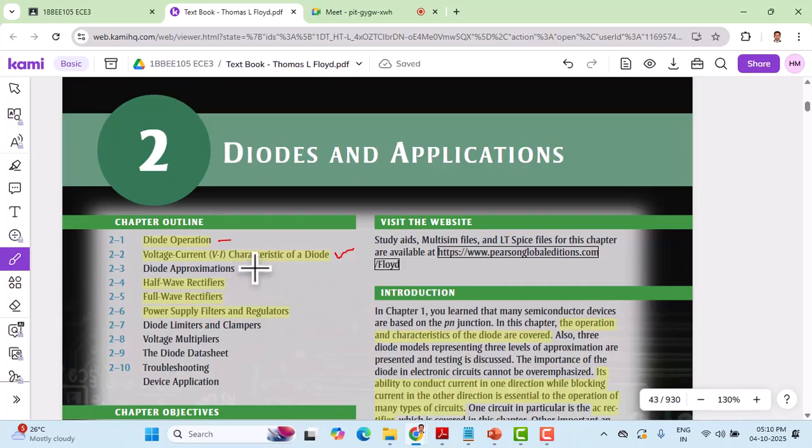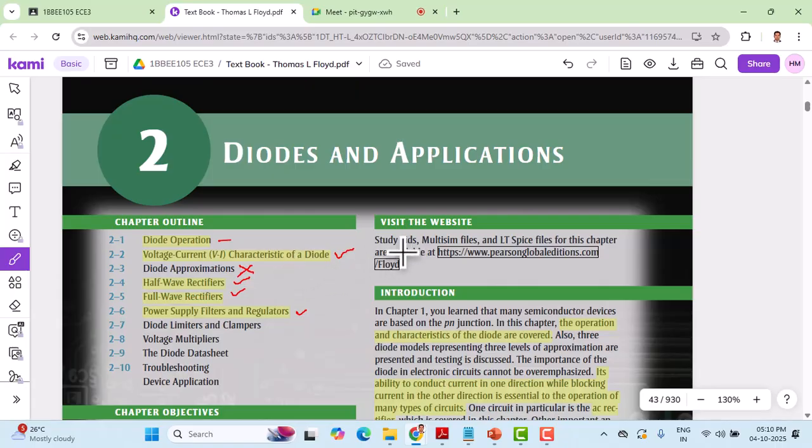We don't have diode approximations; this topic doesn't exist in our syllabus. Then applications of diode, we have half-wave rectifiers, full-wave rectifiers, followed by power supply, filters, and regulators. So these are the topics covered under the module or chapter diodes and applications.